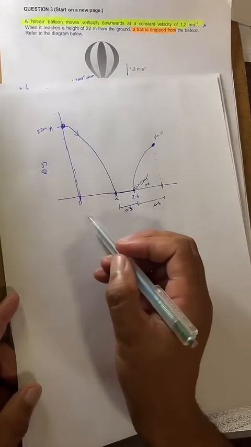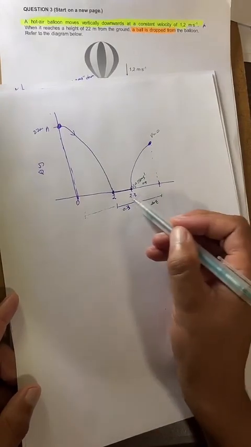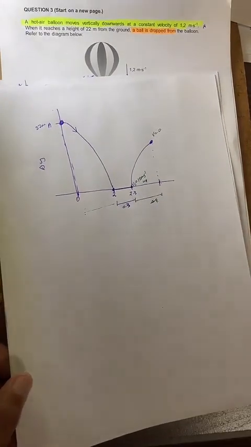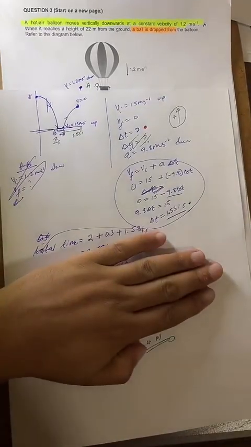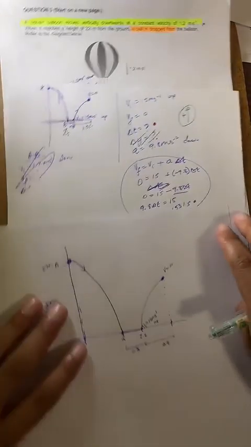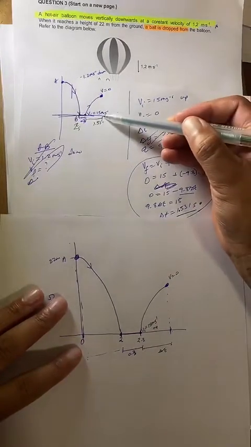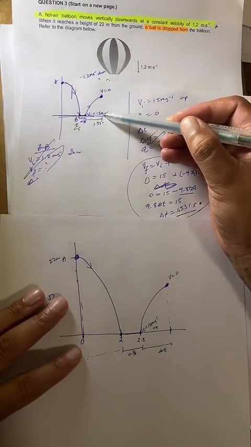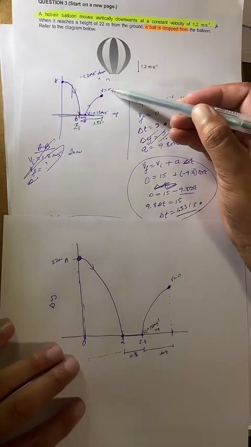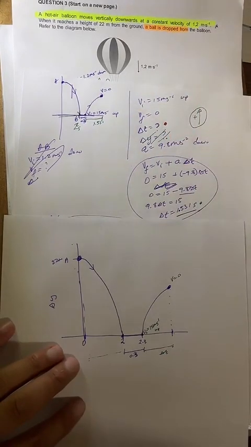So we calculate 2.3, and then we calculate the time here, which is what we did over there. The ball leaves the ground with a speed of 15 meters per second up. It reaches maximum height, so the speed there is 0. The acceleration is 9.8.